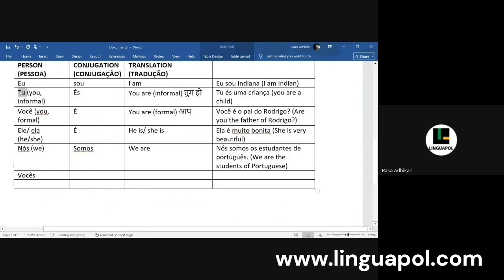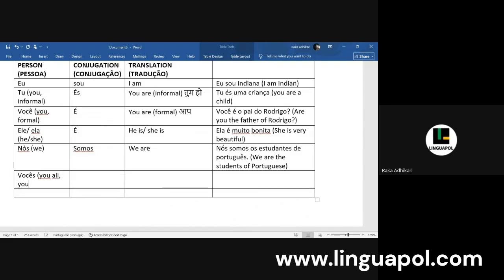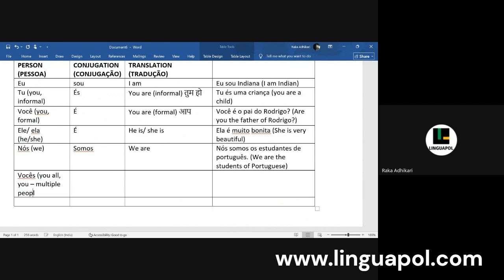So even if I want to make plural for informal, then also I will use the word vocês. Okay. You all. Vocês means you all. Or you can say you, but multiple people.